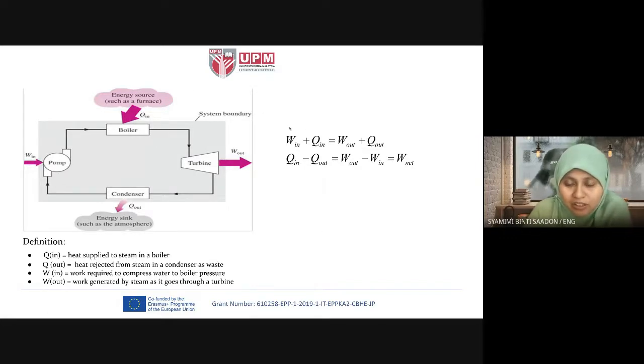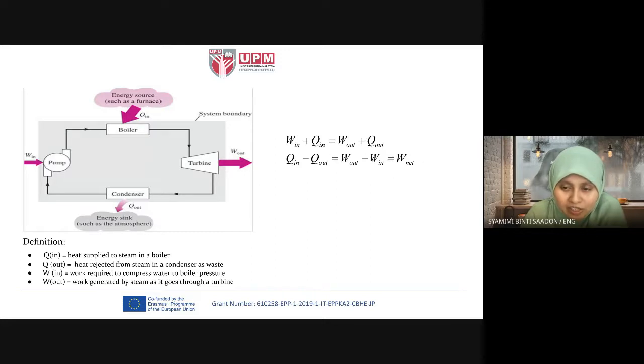The total energy input and total energy output, this is the first law of thermodynamics. So you have work input and Q input equal to work output plus Q output, heat rejected. We can calculate this way.